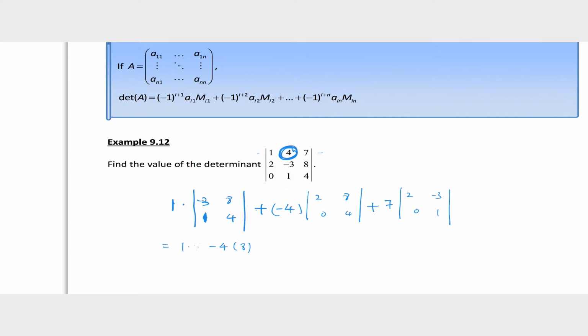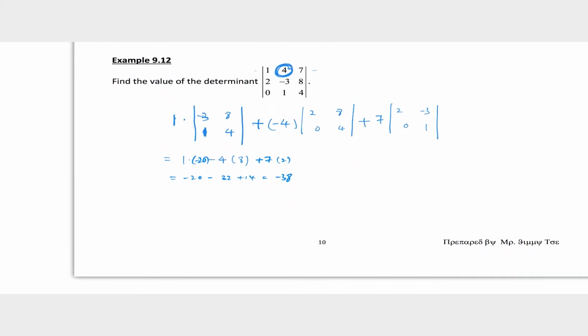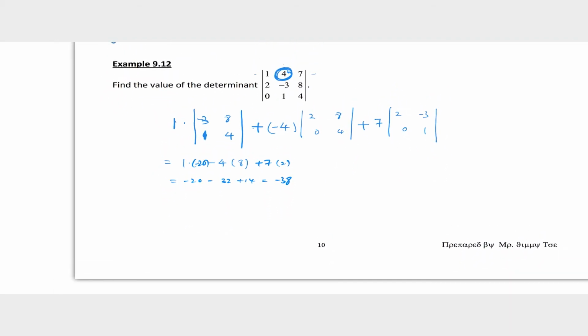This is negative 12 minus 8, which is negative 20. So negative 20, minus 4 times 8, and then plus 7 times 2. Negative 20 minus 32 plus 14, negative 38.